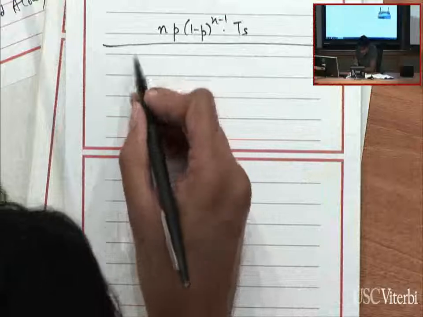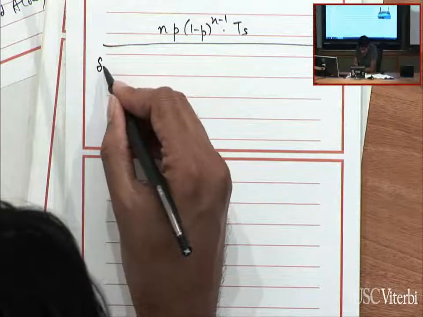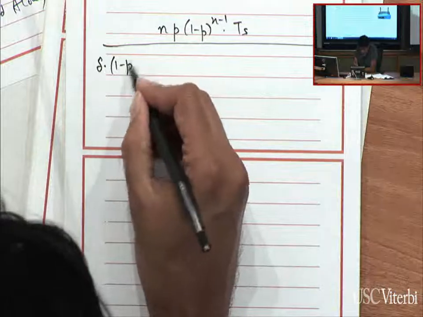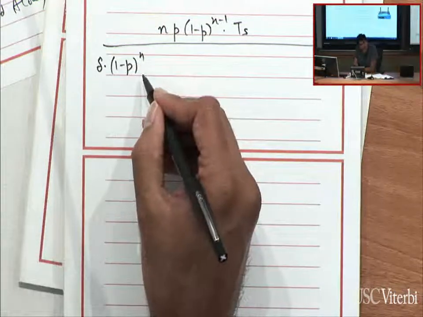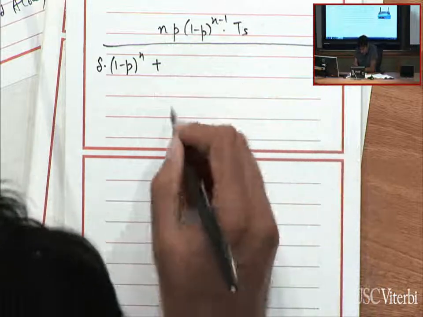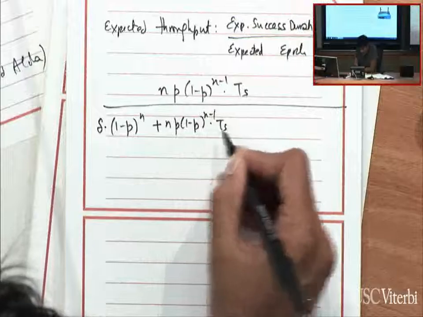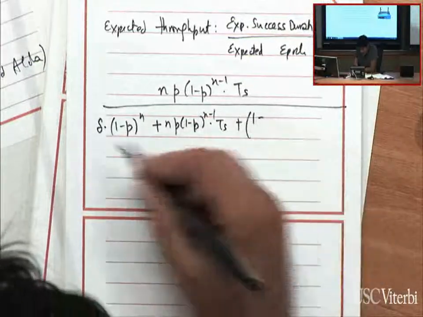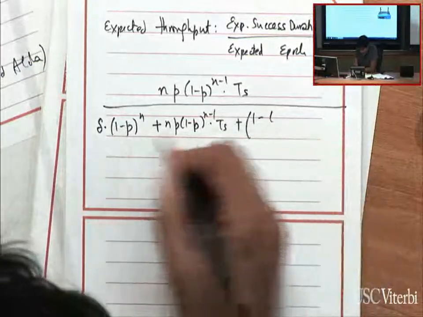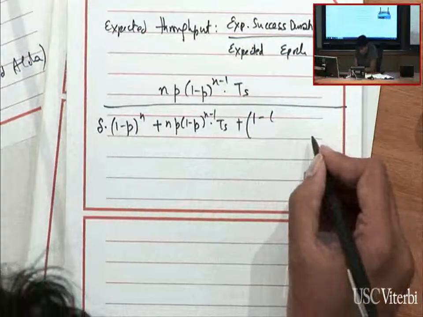And then in the denominator, we have all of the three possibilities. The epoch will last a duration delta with probability (1 minus p) to the n, in which none of them transmit. It will last TS if it's successful. And with 1 minus those two probabilities, it's going to last a duration TC.